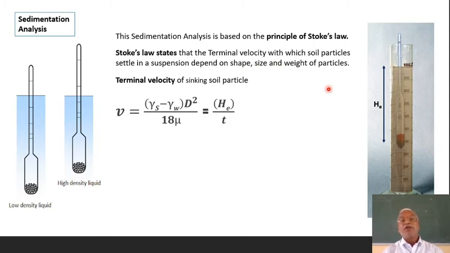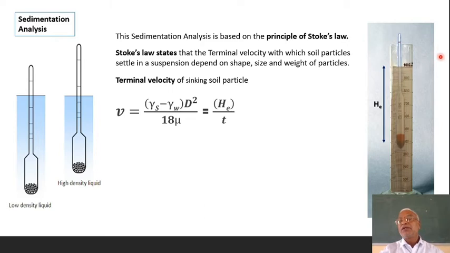Now here the actual law is converted into an expression. The terminal velocity of a sinking soil particle will be given by v = (gamma s minus gamma w) d squared / 18 mu = He / t.